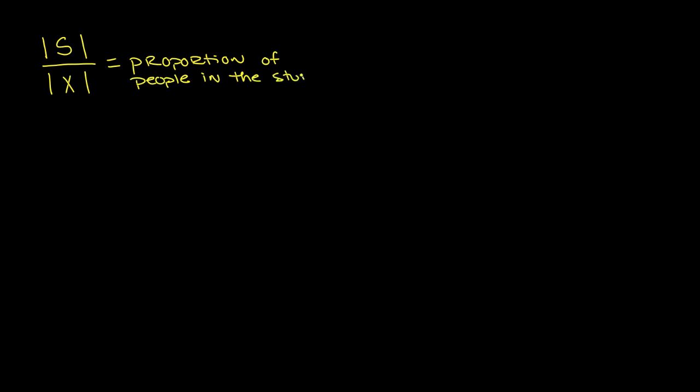Let's think about the cardinality of S divided by the cardinality of X. Notice this number has to be less than or equal to 1, because everyone who's in S is in X. What is this equal to? This is equal to the proportion of people in the study who do genuinely have VBS.